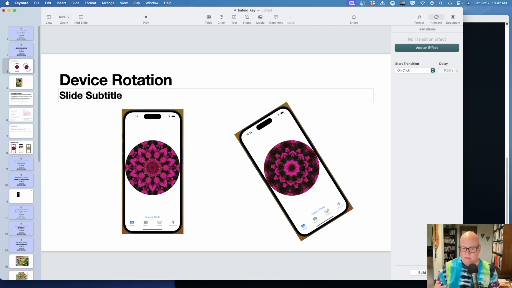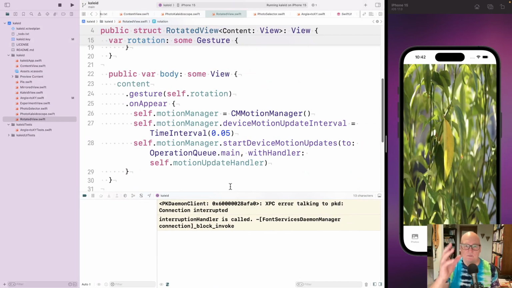It's just a little paragraph of code that hooks up the motion detection and ties it to an angle. Let's take a look. Okay, so we've pulled this out into a rotated view. I'm not quite sure how I want to do this in the long run, but the core part of it is here.